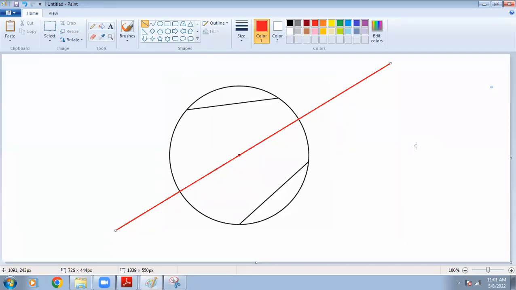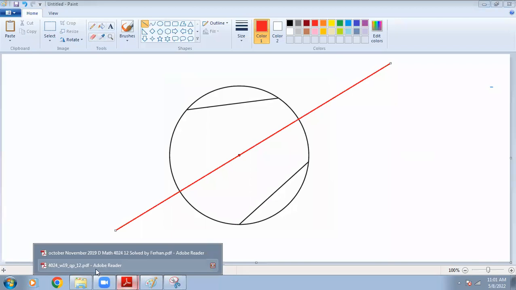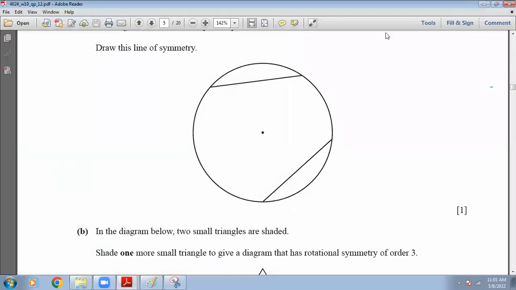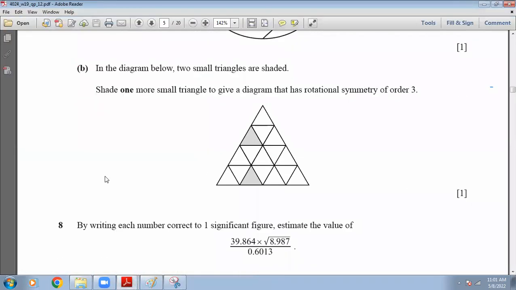And when you fold both sides along that line of symmetry, both sides will exactly match each other. So that is very important. The second one is a very, very important test. Without fulfilling that condition, you cannot say that it is a line of symmetry. So I have shown you how the line of symmetry is drawn.